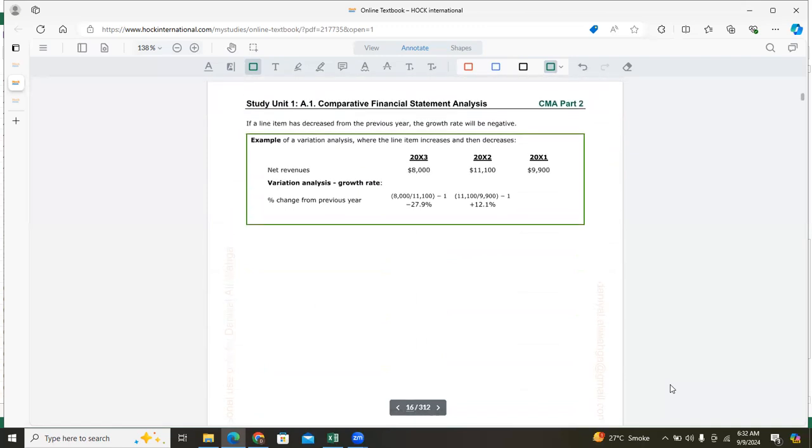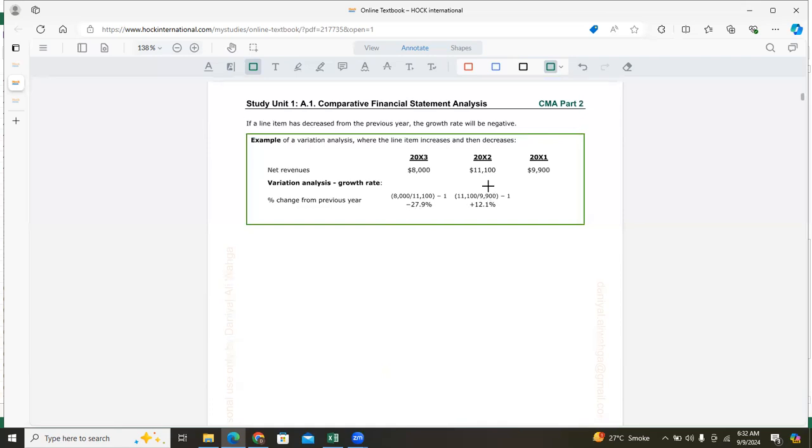Here you have an example. It says my net revenues in the year 20x3 are 8,000, then 2022 is 11,100, and similarly 9,900 for the year 20x1. How do you analyze further? You have 8,000 as the current year. You took the second year as a base for the third year calculation and you got a negative growth.